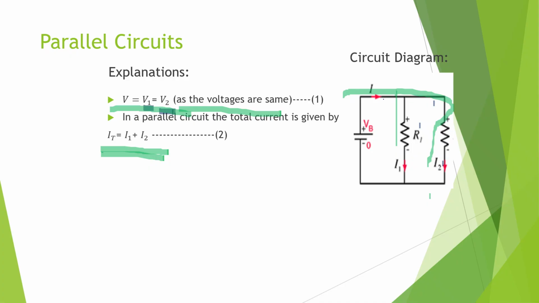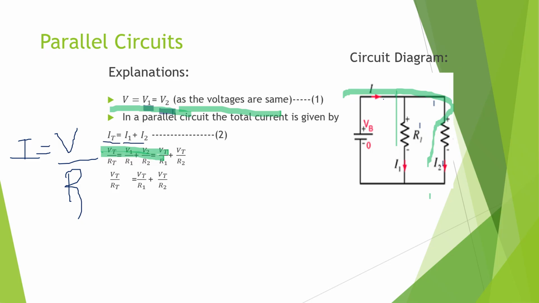Then we will see about the resistor. We can rewrite Ohm's law as I is equal to V by R. Using this Ohm's law equation, we rewrite equation number 2: It can be written as Vt by Rt, I1 can be written as V1 by R1, and I2 can be written as V2 by R2.